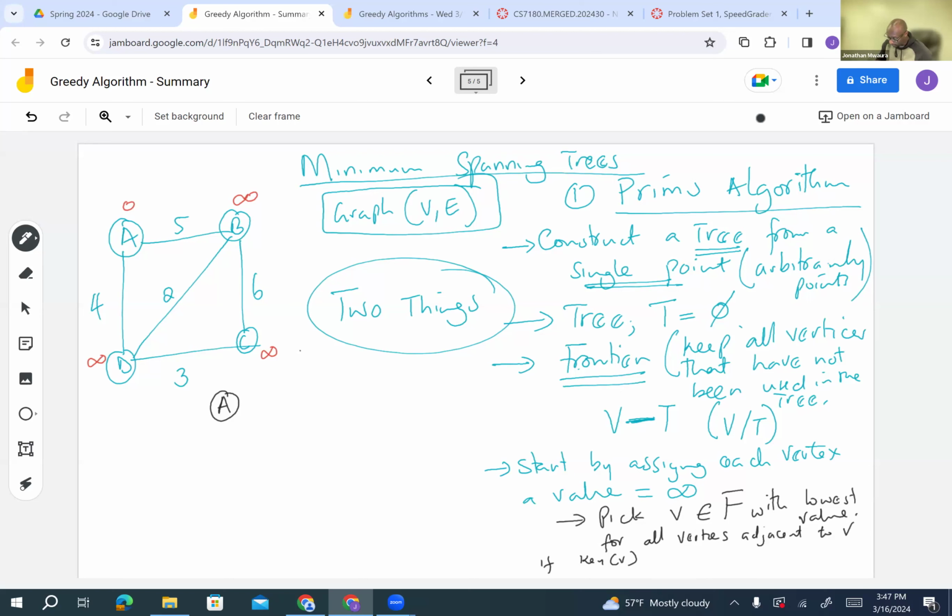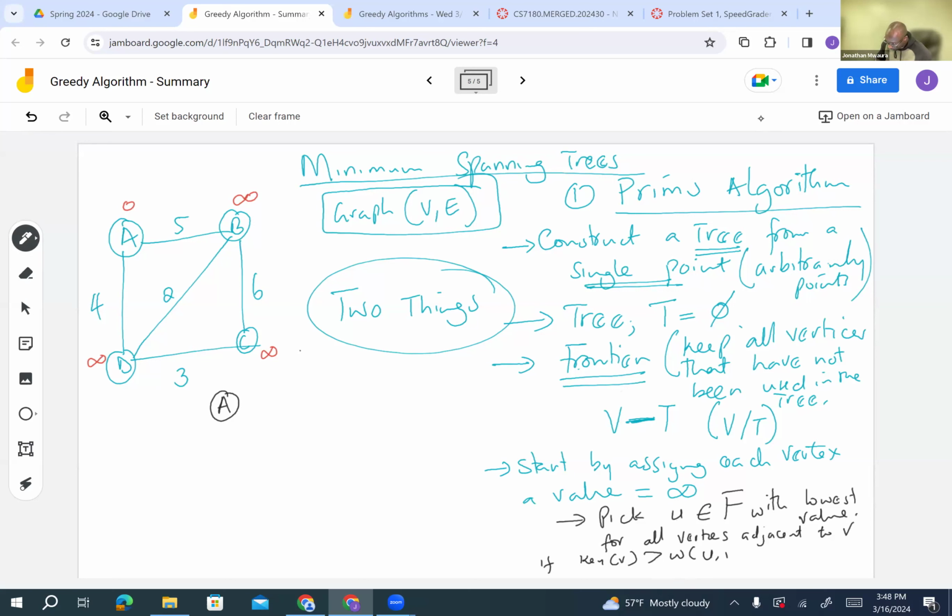We pick, for example, A. And then for all vertices adjacent to V, if the key of that vertex is greater than the weight between the V that we have picked, maybe we should call this U so that we don't get confused.